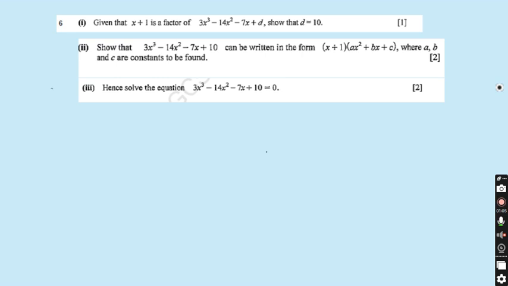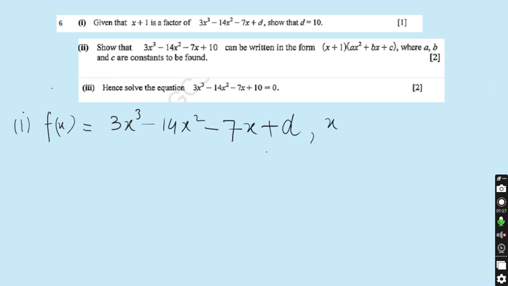Very easy. First write part number 1. f(x) is equal to 3x cube minus 14x square minus 7x plus d. The factor is x plus 1.